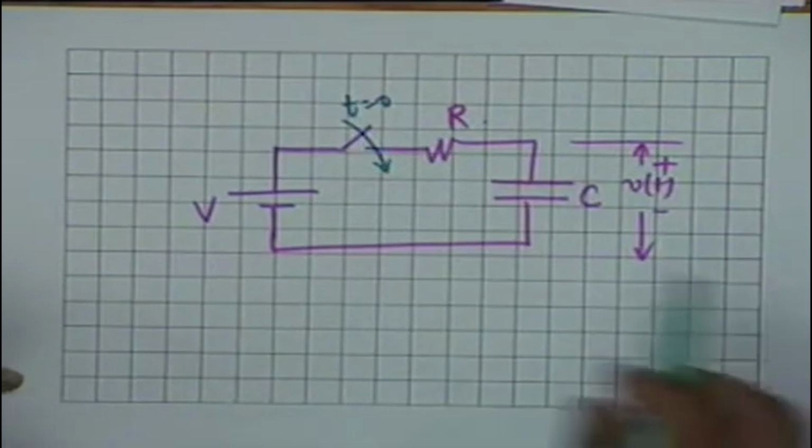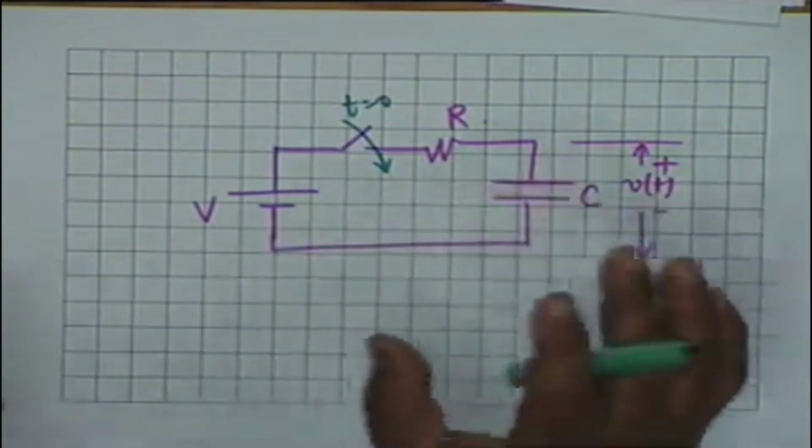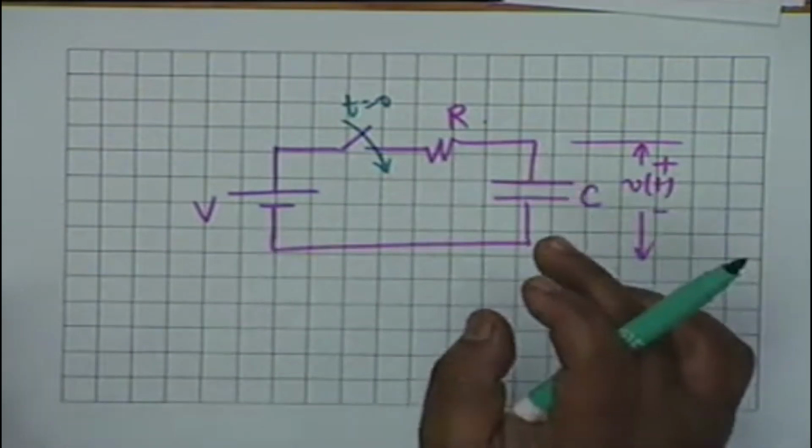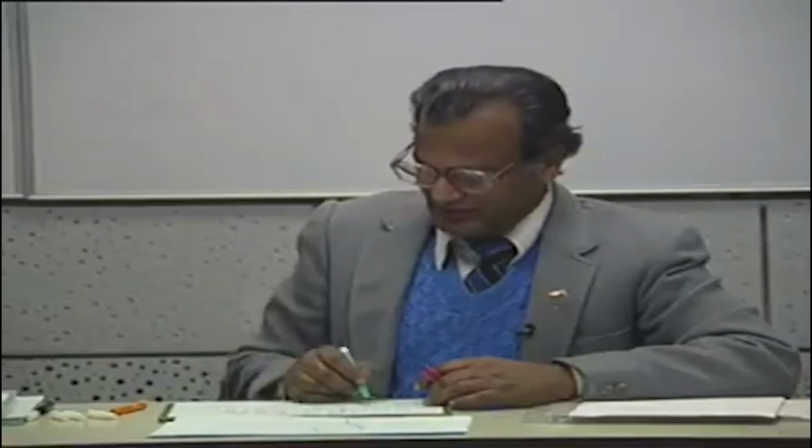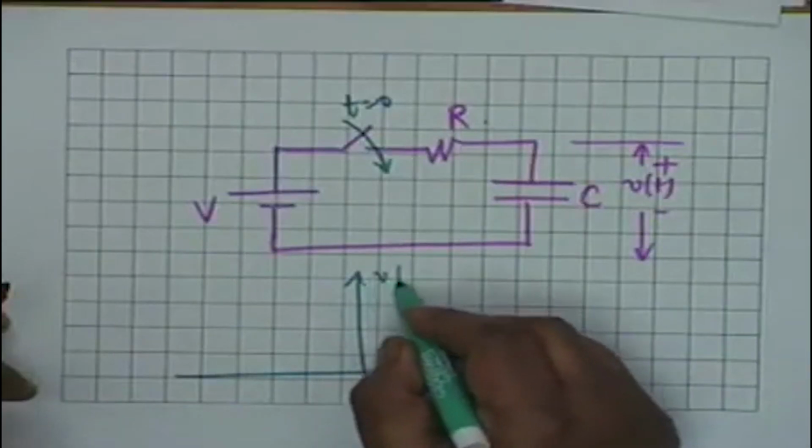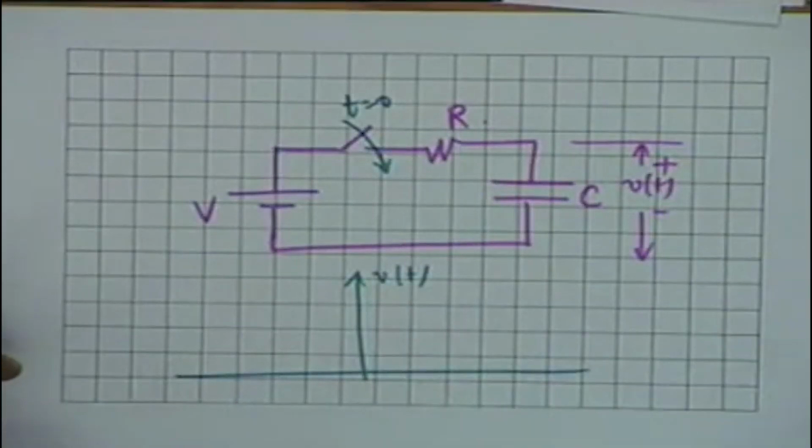Alright. At t equal to 0 minus, that is when the switch is off, the capacitor voltage is 0. Capacitor has no charge in it, so the capacitor voltage is 0. So if I plot the capacitor voltage V of t at t equal to 0 minus, it is 0.